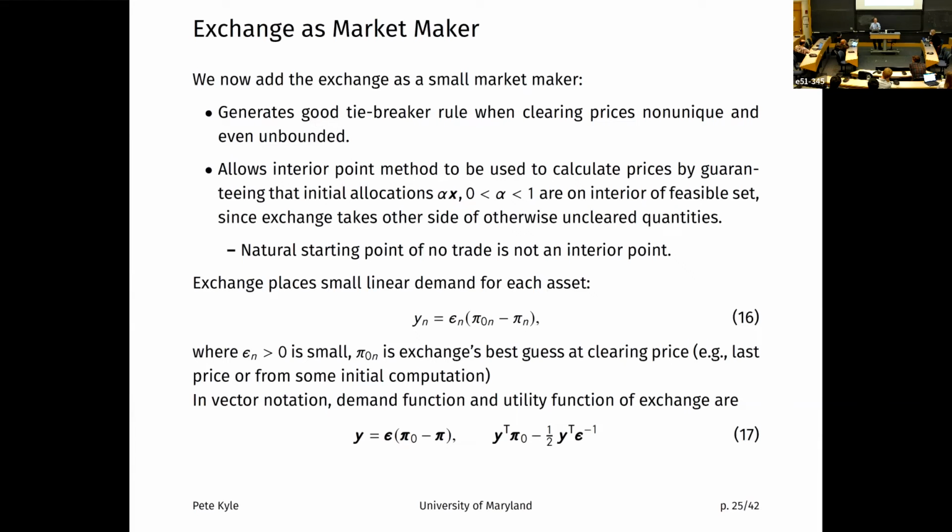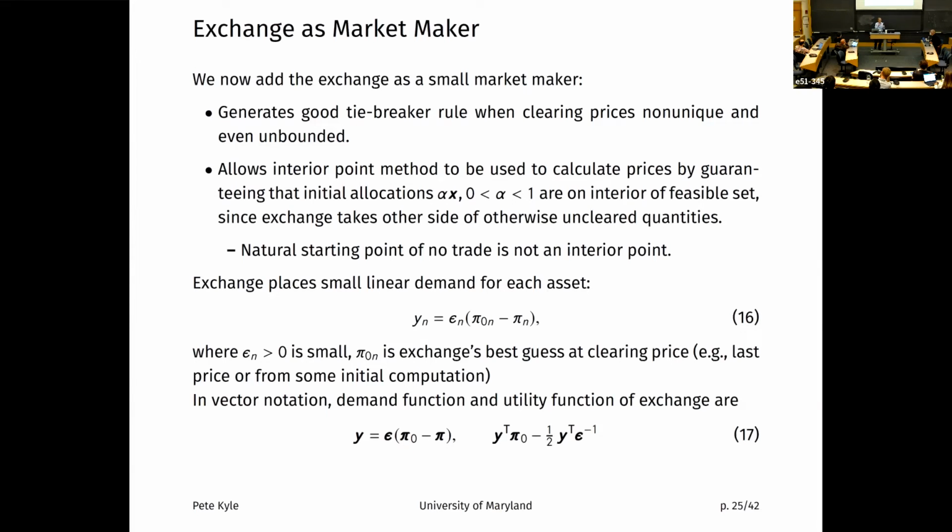So how do we get no trade to be an interior point? And the answer to that question is, we'll let the exchange be a market maker that supplies just a little liquidity in every asset. So the exchange will submit a downward sloping demand schedule to buy very, very tiny amounts of every asset in the market. Well, what does that do? Well, that makes no trade an interior point, or at least I can move a little bit away from no trade.